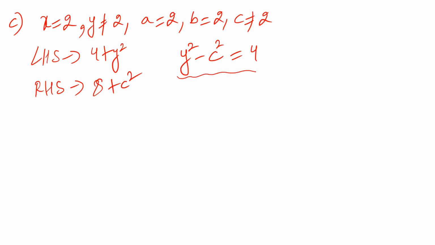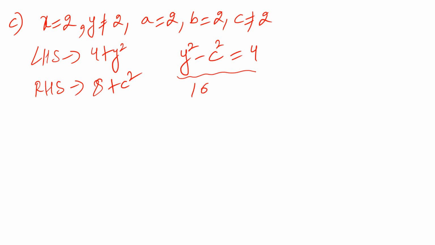Now we know that for any two odd prime numbers, if I find the difference of their squares, then the minimum value of the difference is going to be how much? It is going to be 5 square minus 3 square, that is 25 minus 9, which is 16.